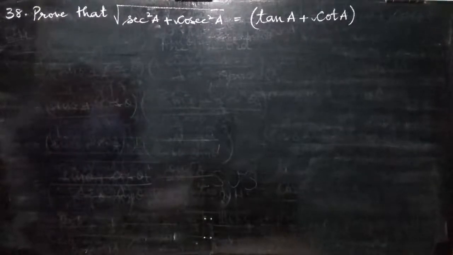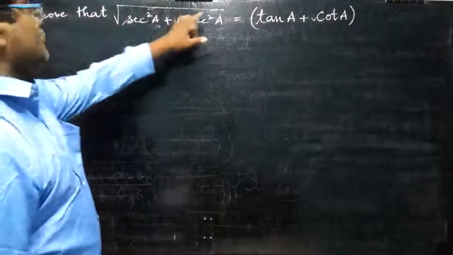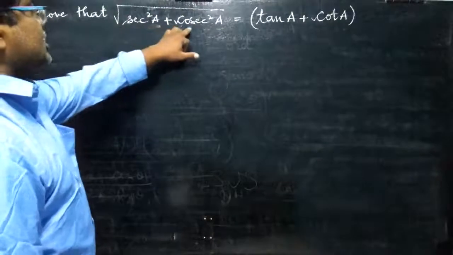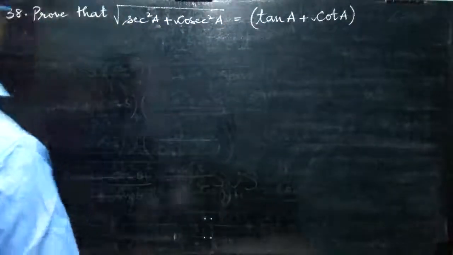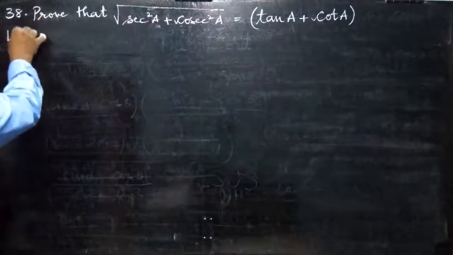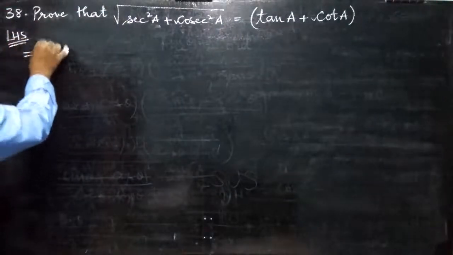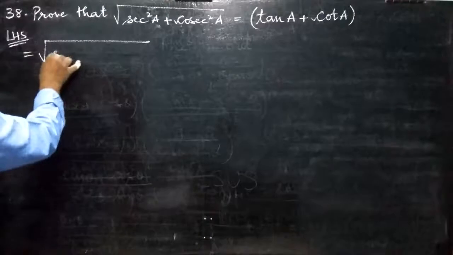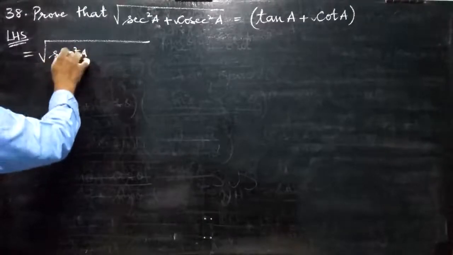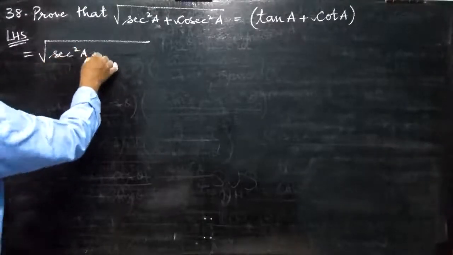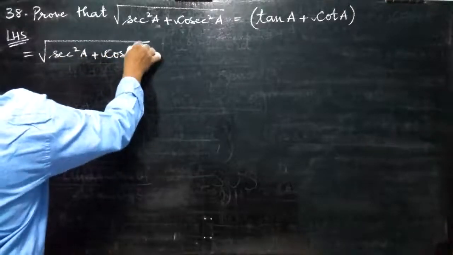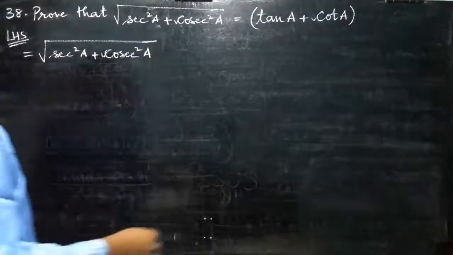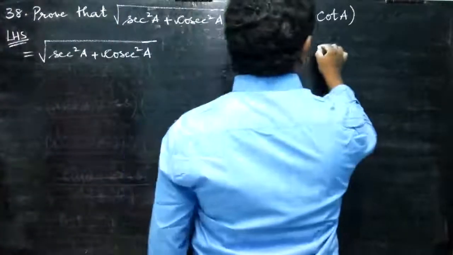38th problem. Prove that the square root of secant square A plus cosecant square A is equal to tan A plus cot A. Take LHS. What is the LHS given? Square root of secant square A plus cosecant square A. Now we know the formulas here.